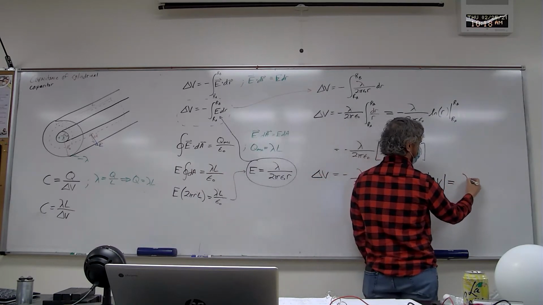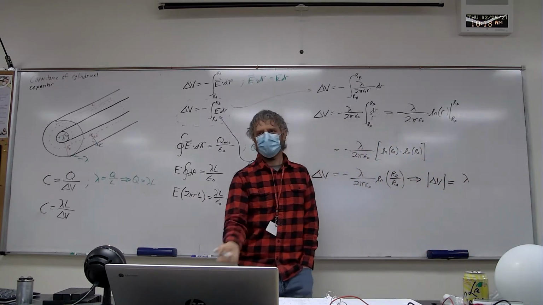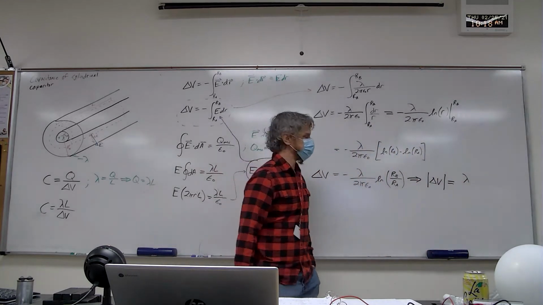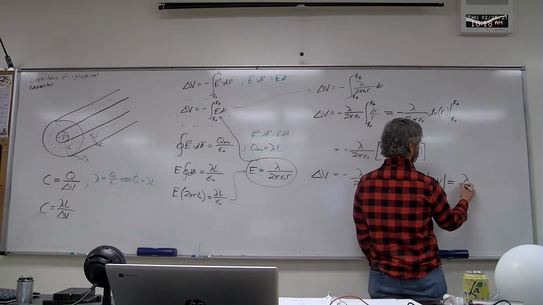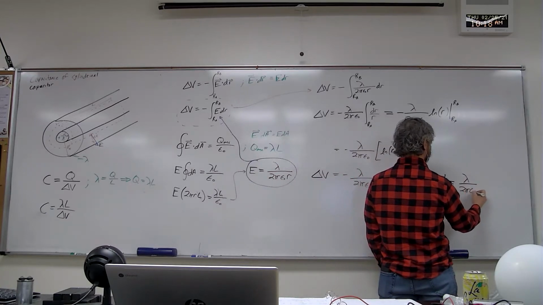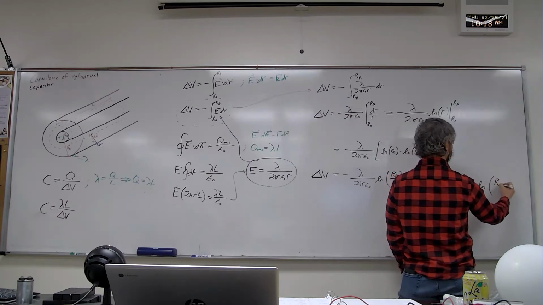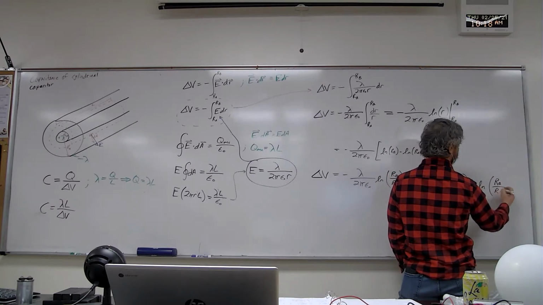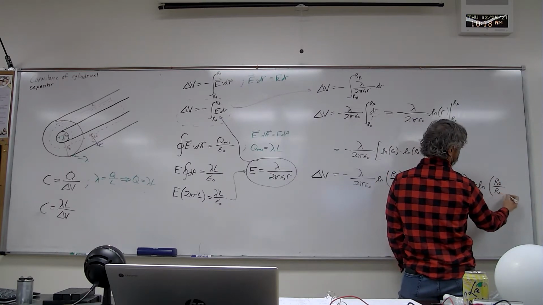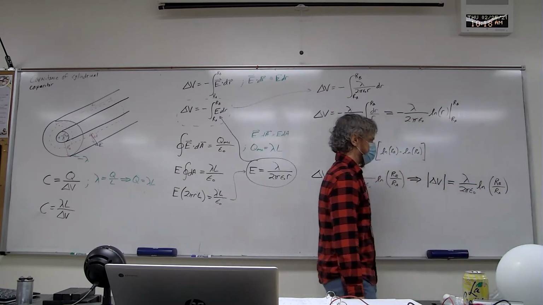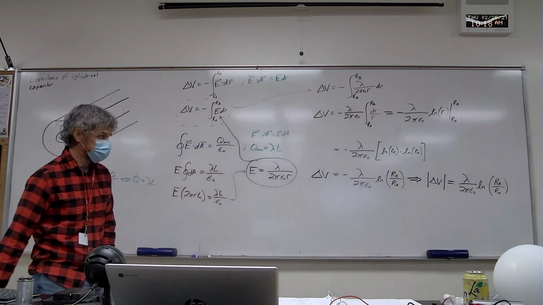And again, you can get a positive potential difference if you just integrate in the other direction, right? It's going to be lambda over 2 pi epsilon naught times the natural log of the big radius of the cylindrical shell, divided by the radius of the inner cylinder.